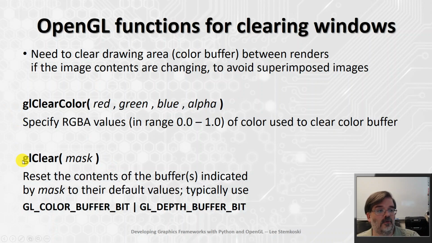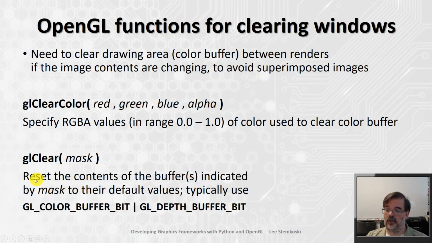To actually perform the clearing operation, there's a function called glClear, and this can be used to clear all sorts of buffers. Remember the frame buffer, which stores all our data corresponding to the image. The frame buffer could include a color buffer, a depth buffer, a stencil buffer, and so you can specify which of these you want to clear. There might be some situations in which you want to clear colors but not depth, or depth but not colors.